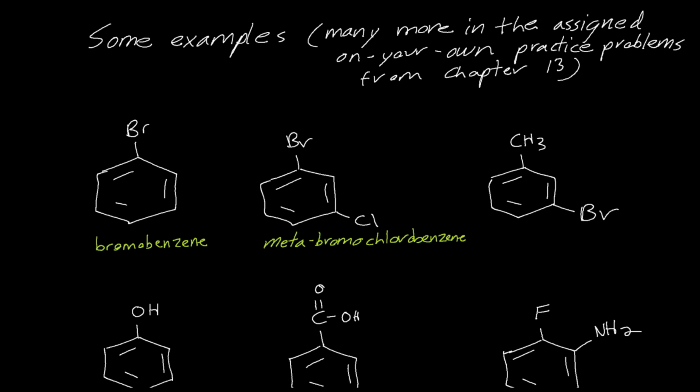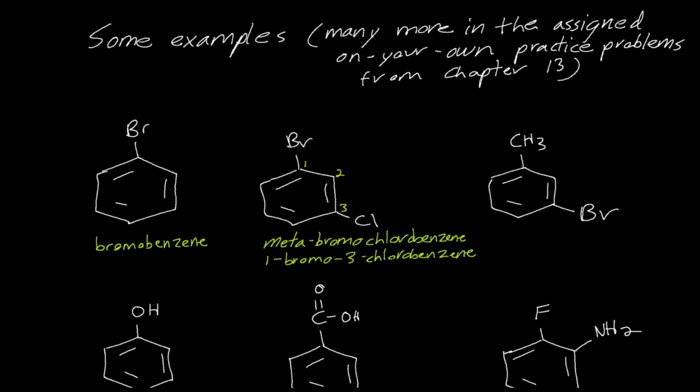So B before C, meta, they're meta to each other. So that's how you use the word meta in a name. But equivalent to this, you don't have to use the meta. You can say 1-bromo-3-chlorobenzene. So these are equivalent correct names for this.